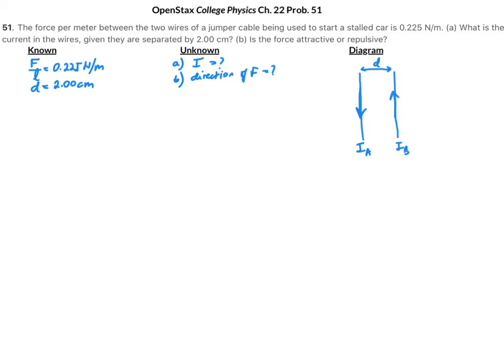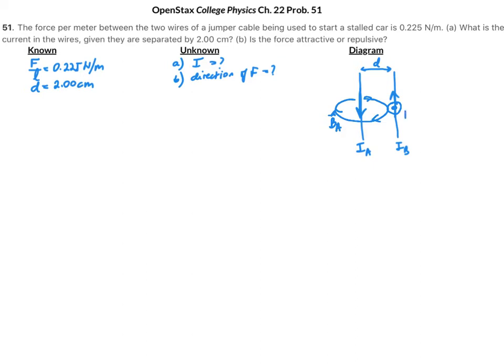All right, so what is going on? We know that current IA will produce a magnetic field around it. If we place our thumb in the direction of the current, we notice that the magnetic field will circle around like that, going in this direction. So this is the magnetic field due to current A. At the location of wire B, the magnetic field will come out at us.